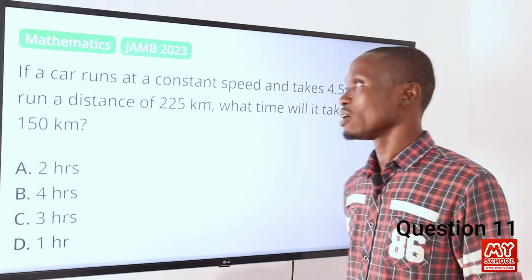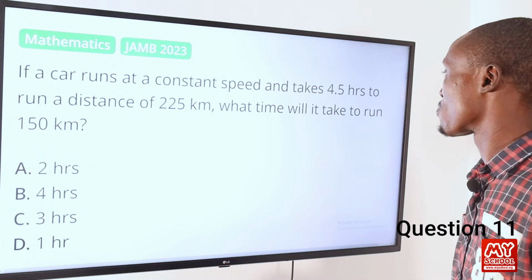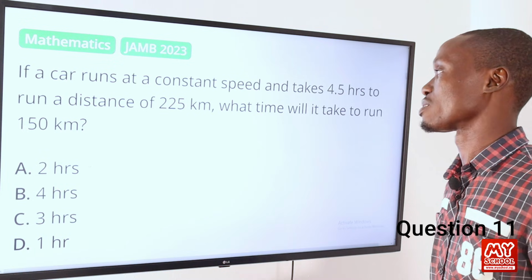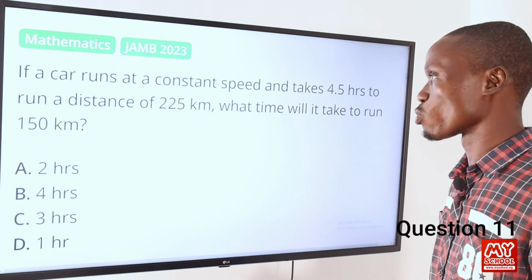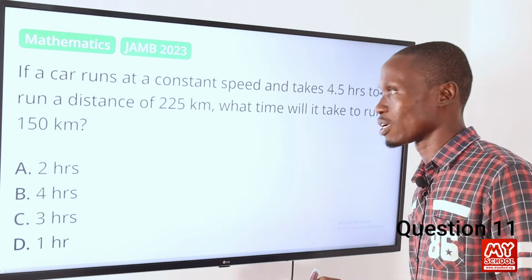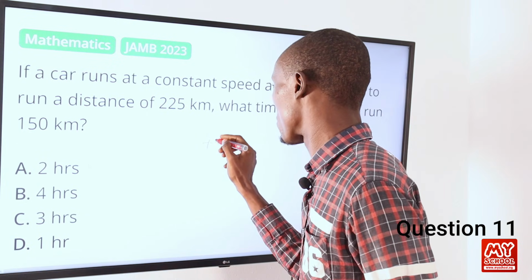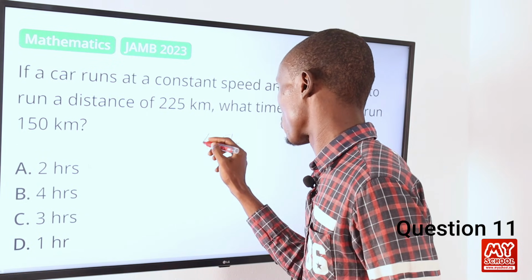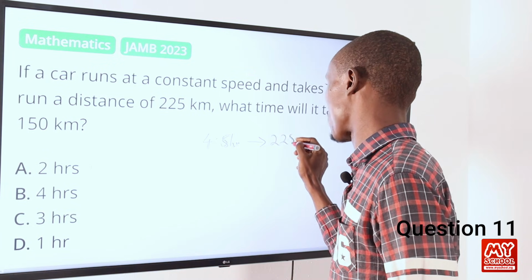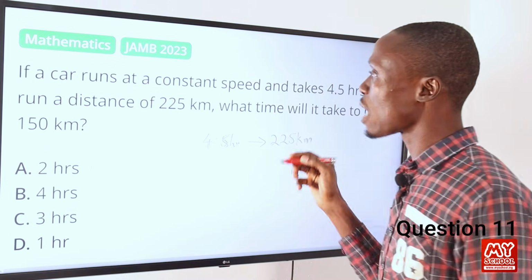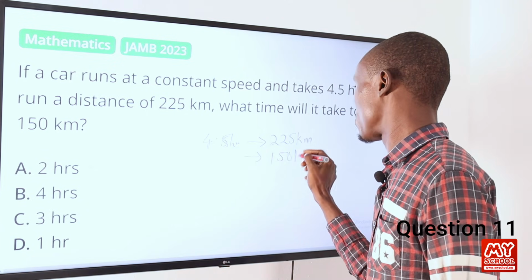Question 11. If a car runs at a constant speed and takes 4.5 hours to cover a distance of 225 kilometers, what time will it take to run 150 kilometers? From the question, we know that it took the car 4.5 hours to cover a distance of 225 kilometers. So how many hours will it take the car to cover 150 kilometers?